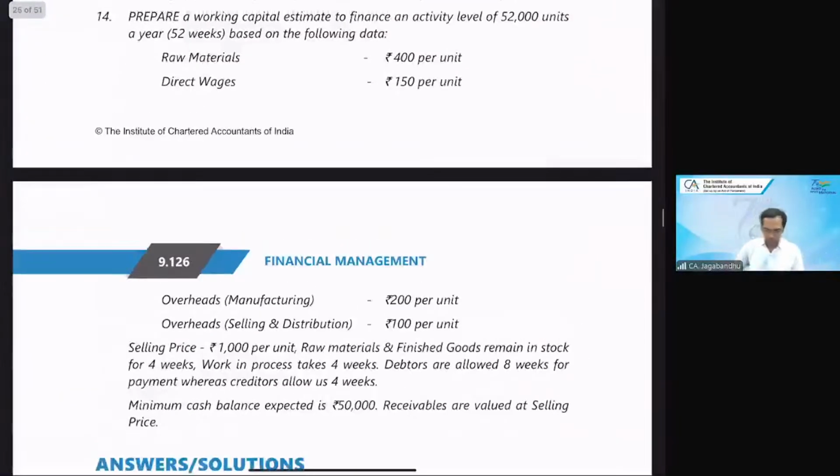This one. Prepare a working capital estimate to finance. Are we having one more class? Yes, we are having it next Tuesday, right? Next Tuesday also we have one more revision lecture.